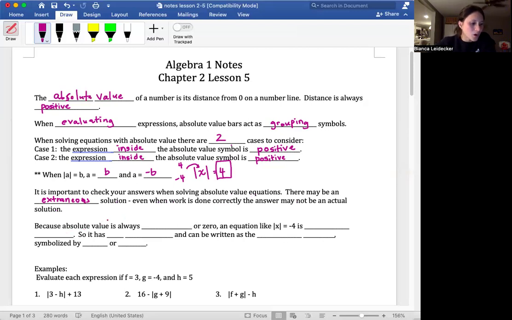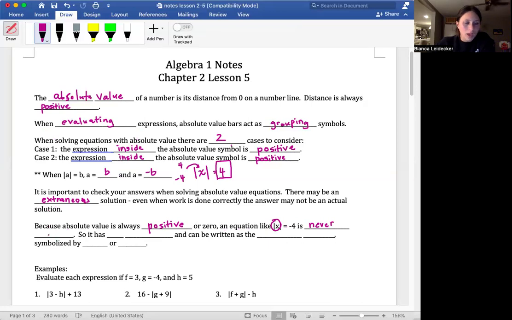Because absolute value is always positive or 0, an equation like the absolute value of x equals -4 is never true because absolute value, just like we said, is the distance away from zero. You can't have a negative distance. A distance is always positive, like we mentioned above.